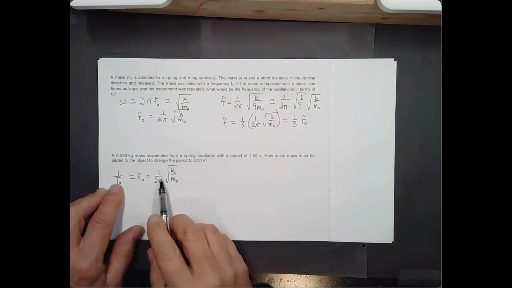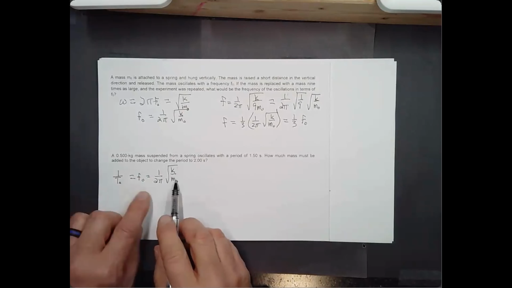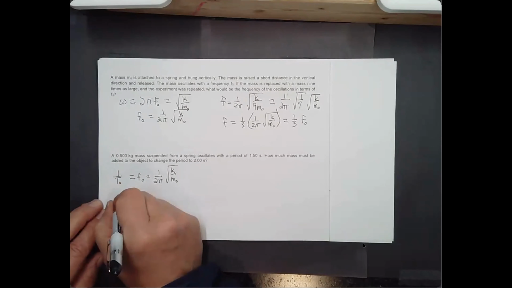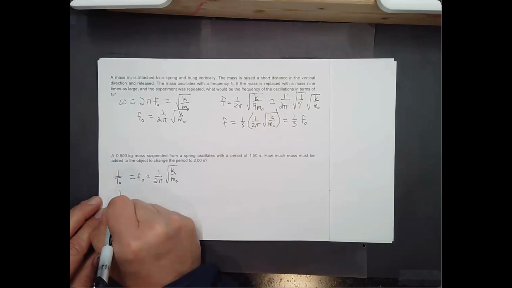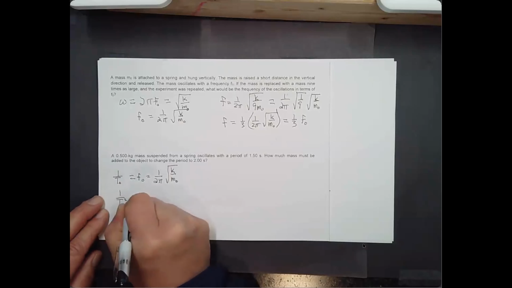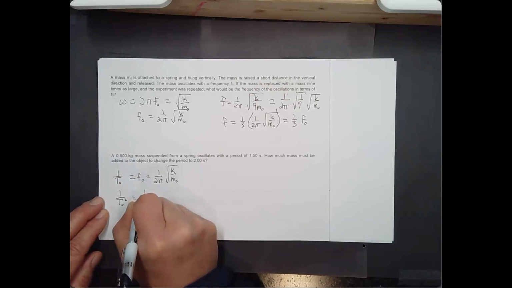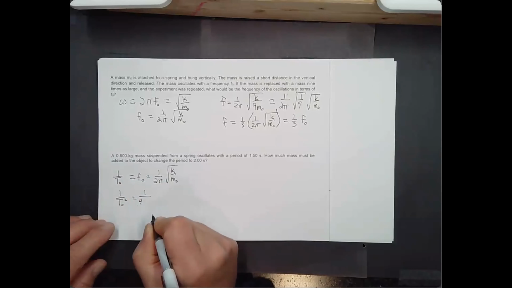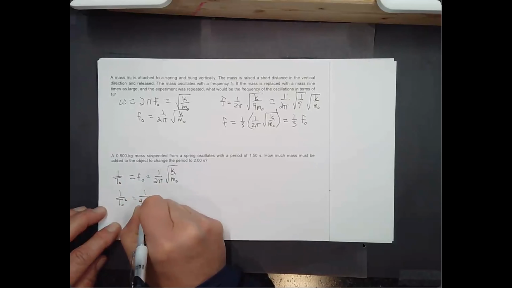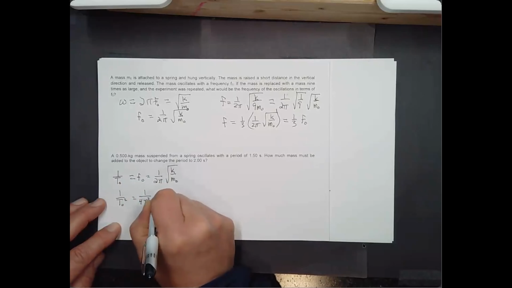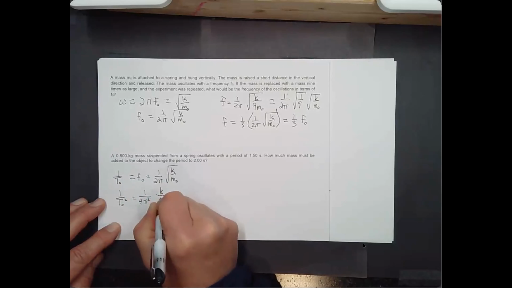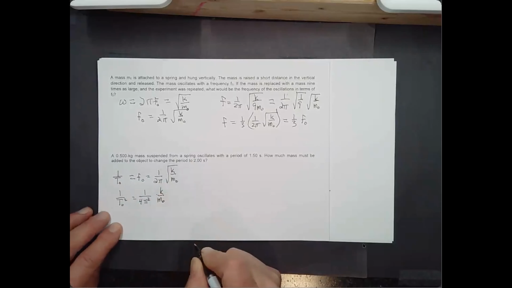If I square both sides, I get 1 over T naught squared equals 1 over 2 pi quantity squared, which is 4 pi squared, and then I just have K over M naught there.